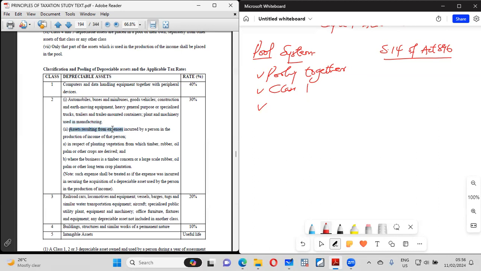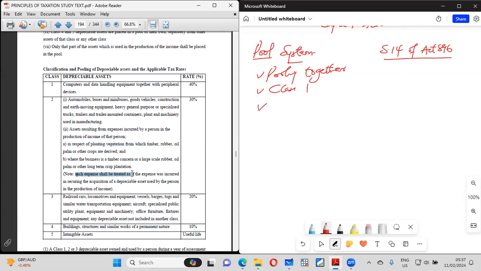All right. Then we have assets resulting from expenses incurred by a person in the production of an income of that person in respect of planting vegetations from timber, rubber, oil palm, and crops are all in class 2. Where the business is a timber concern or a large-scale rubber or palm or a long-term crop plantation, such of these expenses, if they are incurred in securing a depreciable asset, note that.